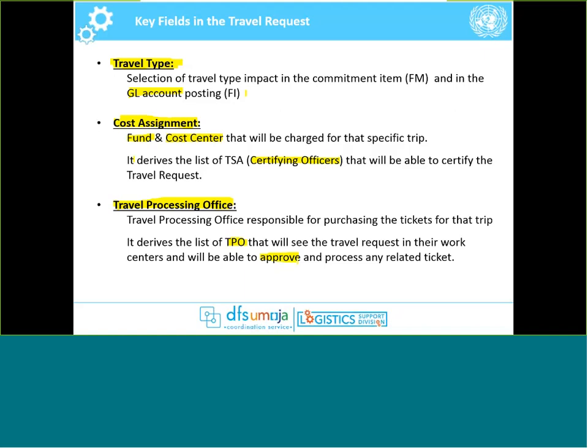The other fields are also important, but pay attention specifically to the travel type, the cost assignment, and the TPO. The cost assignment and the TPO have an impact on the workflow, on the list of certifying officers and travel processing officers that will be able to approve and certify the travel request.